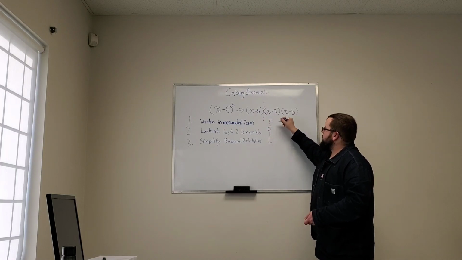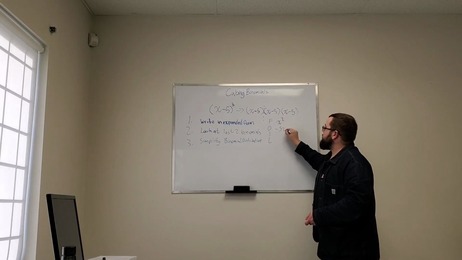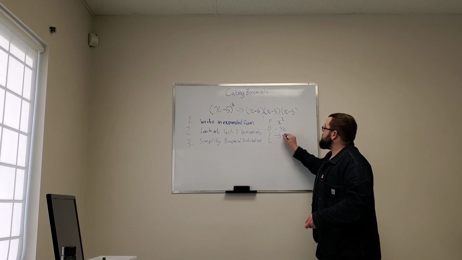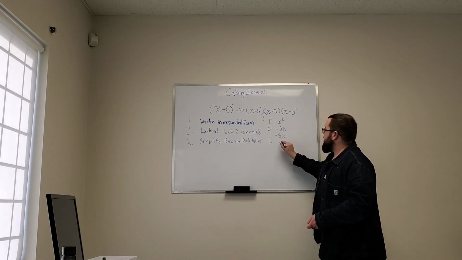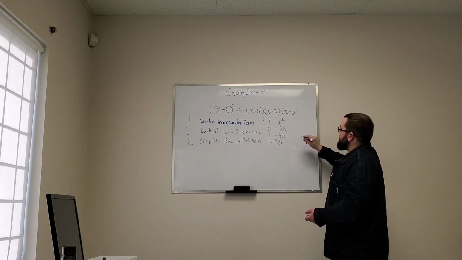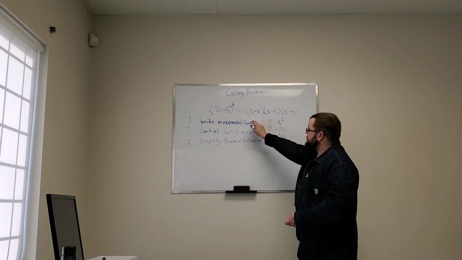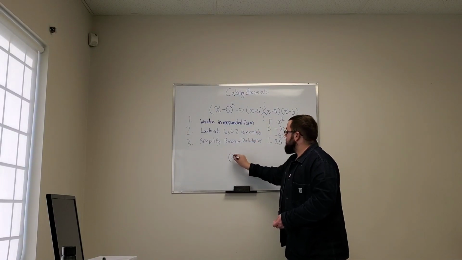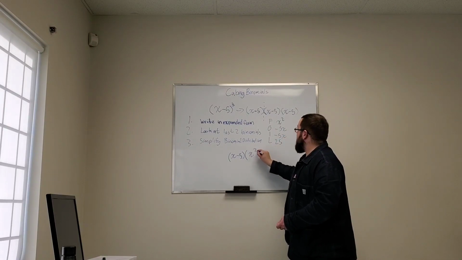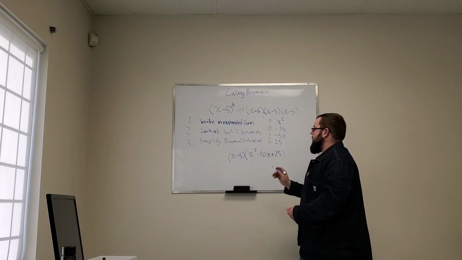X times x for first is x squared. X times negative 5 is negative 5x. Negative 5 times x, and negative 5 times negative 5. And then what we get is, I'm going to rewrite the whole thing now with this piece in the front, and rewrite this here as x squared minus 10x plus 25.